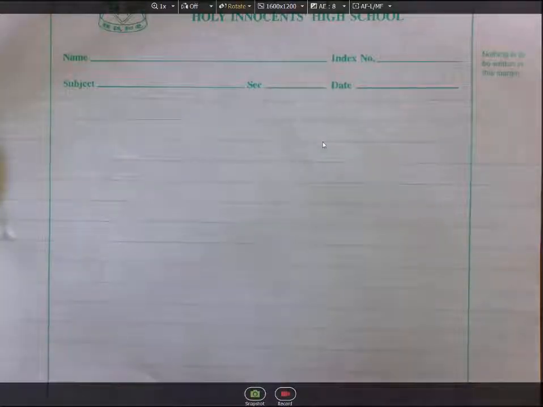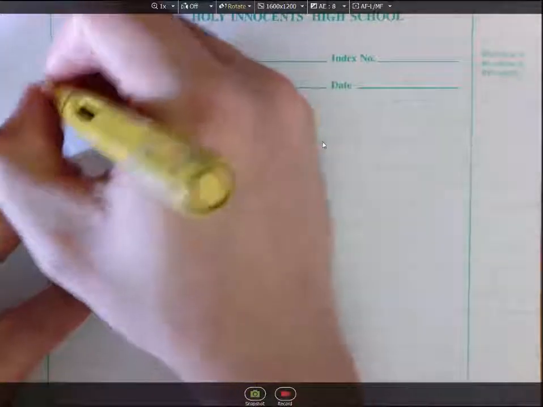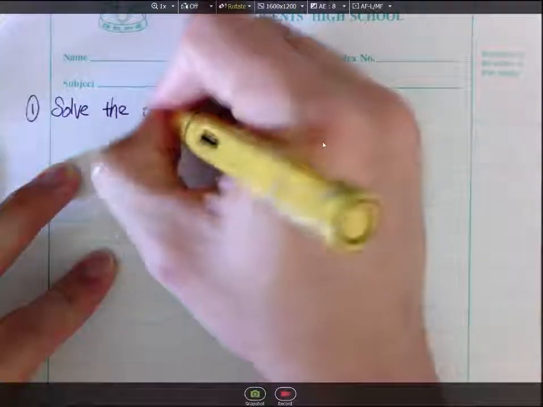The first example that I want to show you is this. We want to solve the simultaneous equations. This is example 1.